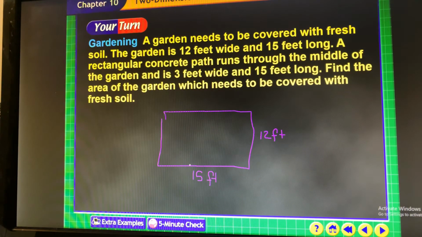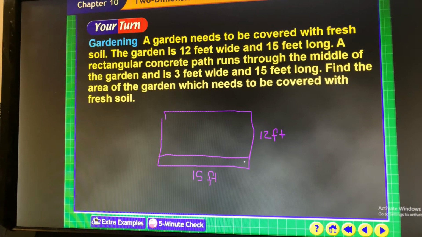So if it's 3 feet wide and 15 feet long, this is a concrete path. You're not going to put soil on that, and it's 3 by 15. So find the area of the total garden, 15 by 12, and then find the area of the concrete path, and then subtract the two of them.